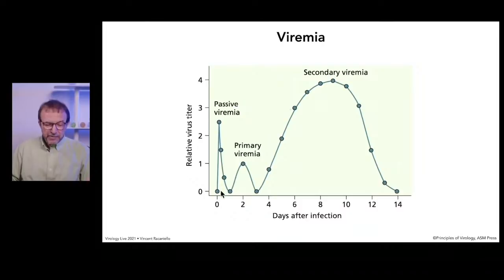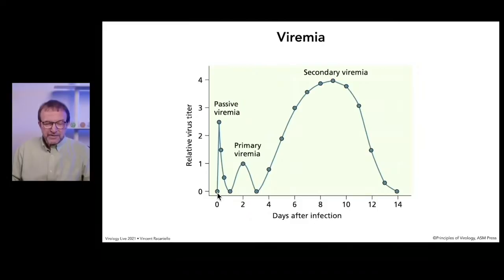And this is an experiment where we have made a viremia in mice by injecting virus into the vein, a tail vein typically of the mouse, and we're now measuring virus by infectivity, days after infection, and here's the virus titer, relative virus titer.